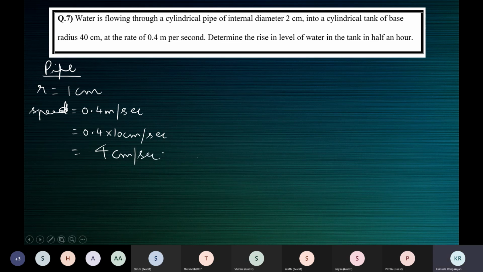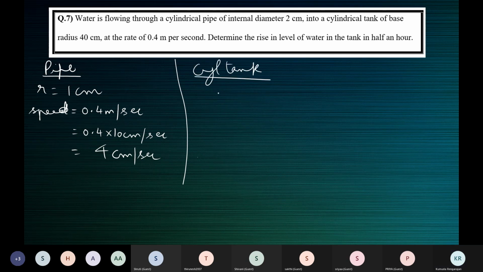So we're trying to have everything in the same unit, centimeter. And for the cylindrical tank, radius 40 centimeters, height we don't know, we have to find.